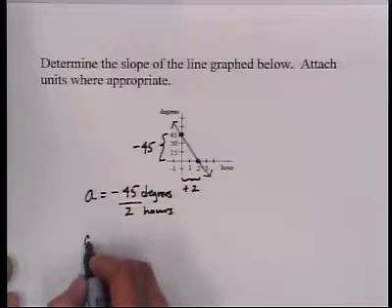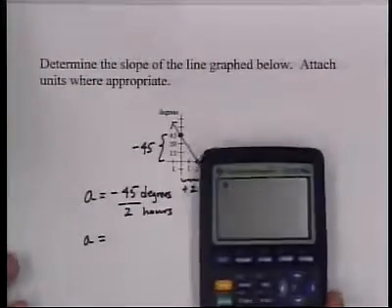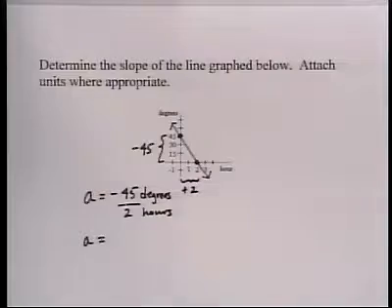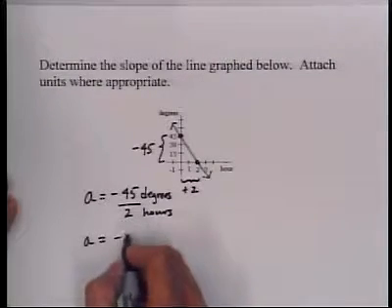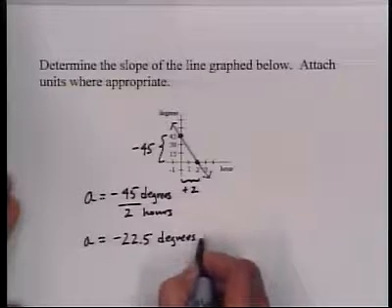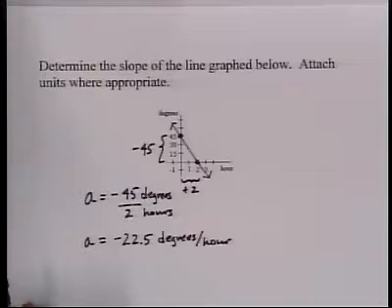Negative 45 divided by 2 on a calculator comes out to negative 22.5. That's the slope of the line, but we'll call it degrees per hour, attaching the appropriate units.